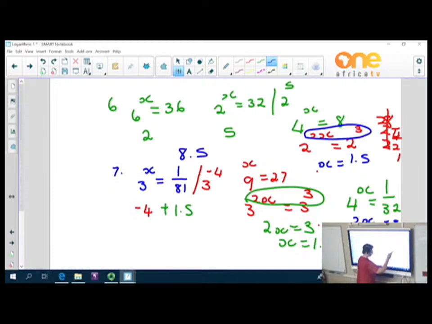Because it's below, it's the reciprocal, the change of sign. So now we're going to solve this part here. 2x is equal to negative 5, which makes x equal to negative 2.5. So plus negative 2.5, and this one's answer is then 0.